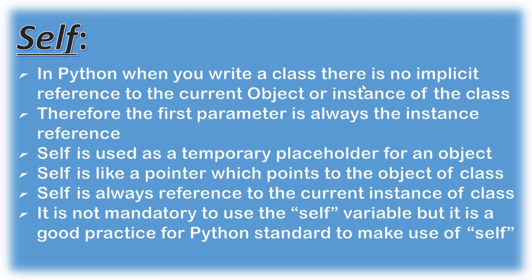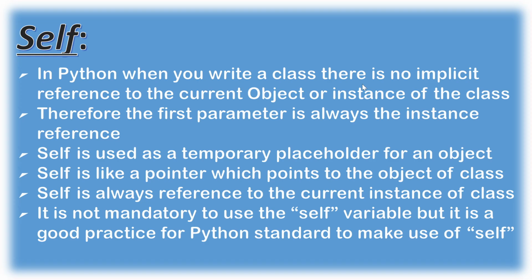Self is like a pointer which points to the object of the class. Self is always a reference to the current instance of the class. It is not mandatory to use the self variable, but it is good practice for the Python standard to make use of self.